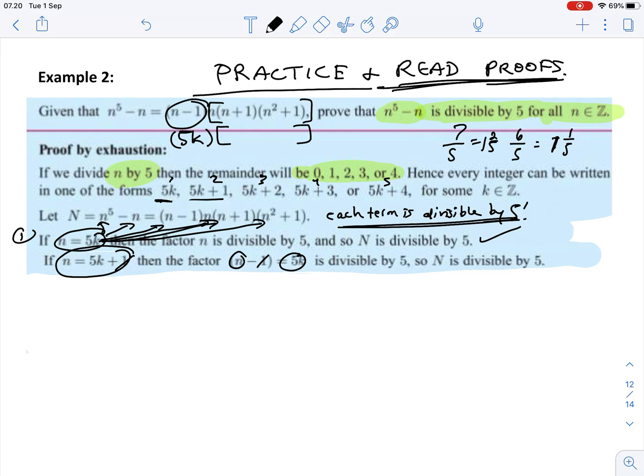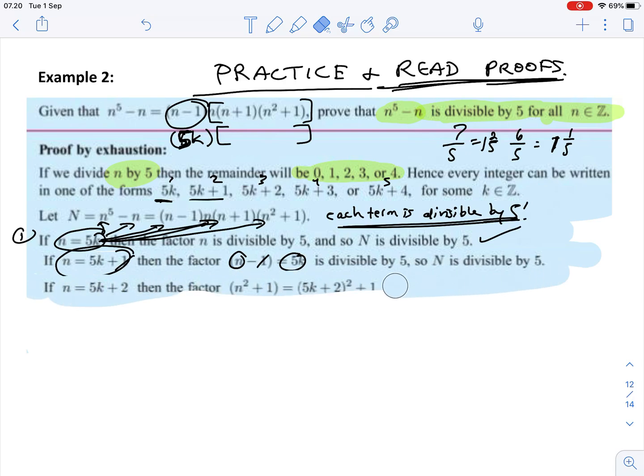The definition of something being divisible by 5 is if you can pull out a 5. That shows that it's divisible by 5. I know it seems like people are randomly saying things, but you can check the validity of their statements, okay? So that's the second case. Boom. It's good.